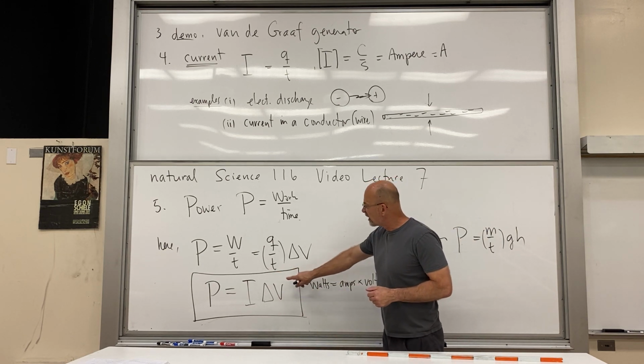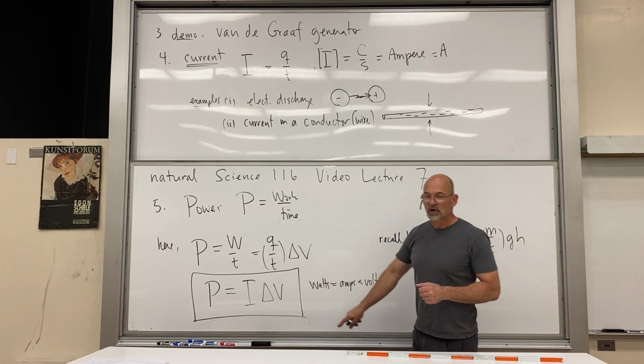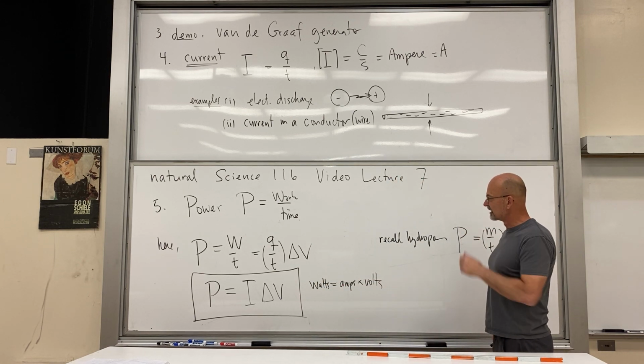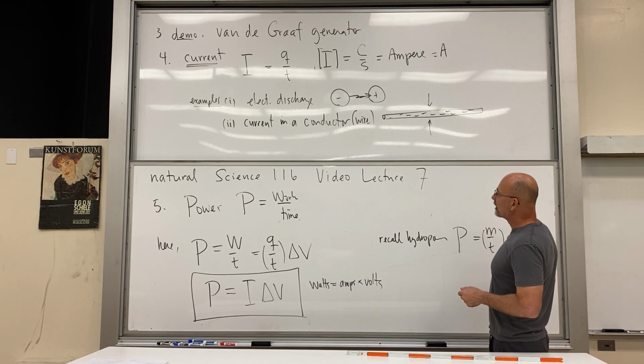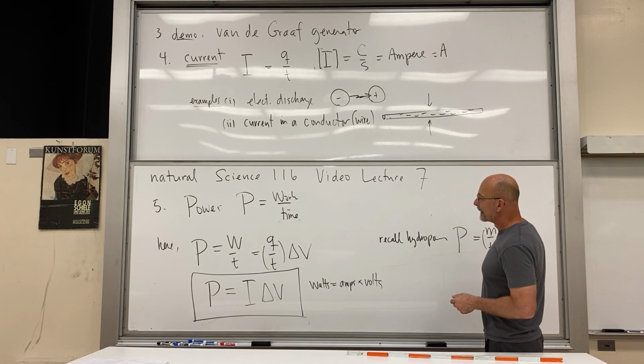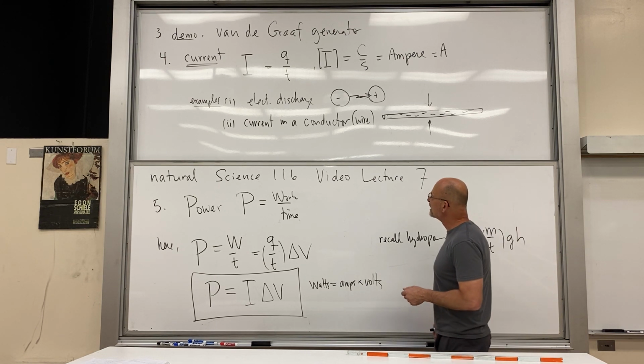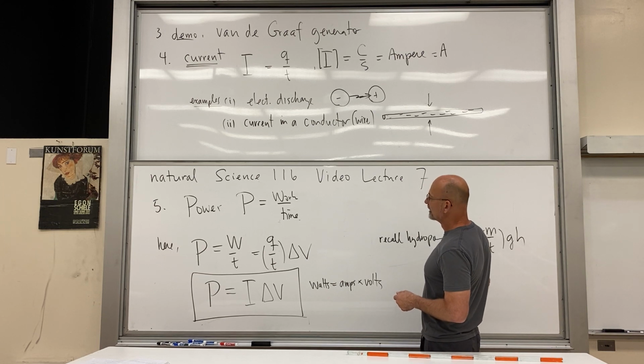So this is one that we're going to want to be able to work with in the coming week or two. And of course on the final exam. Yeah, that's about as far as we had gotten last time, so we want to keep going with this and go into the circuitry. So far so good.